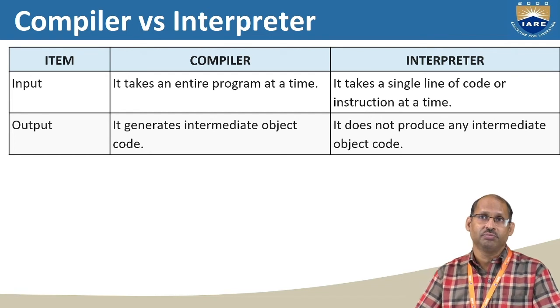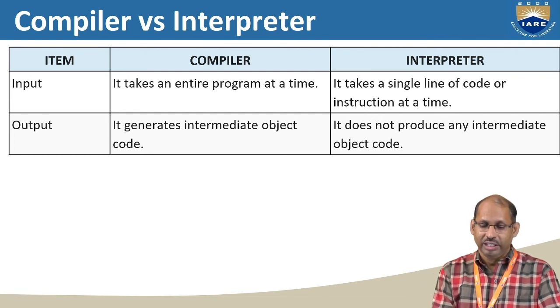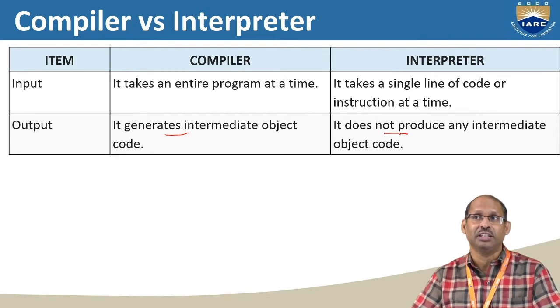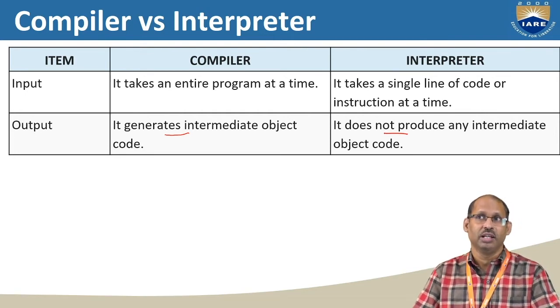If you observe, it generates the intermediate code, but it does not produce any intermediate object code. That is the main difference between compiler and interpreter.